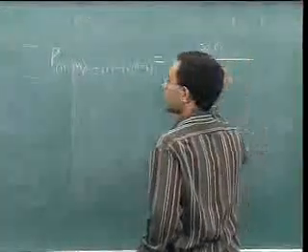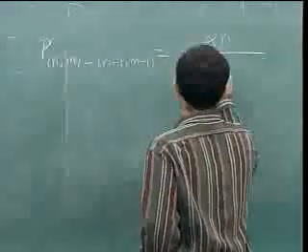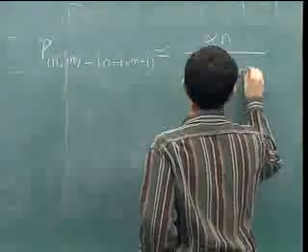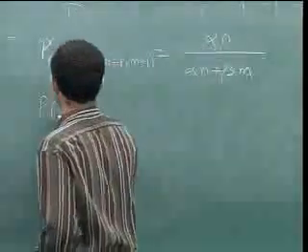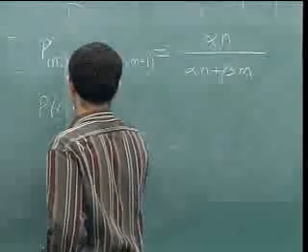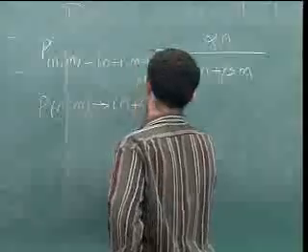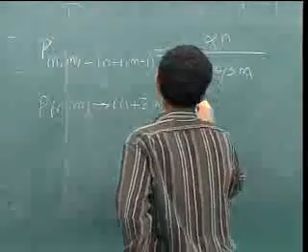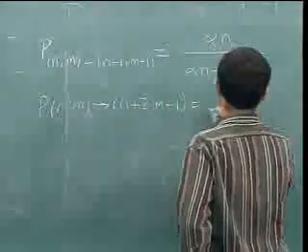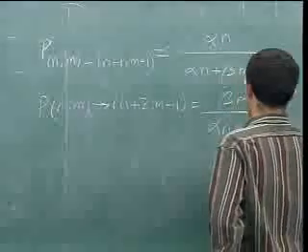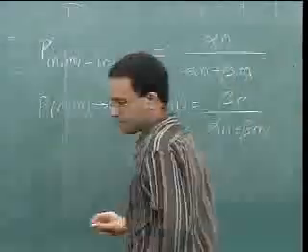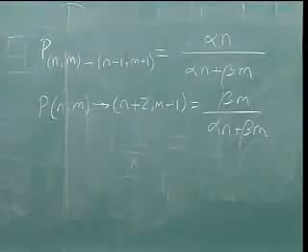So it would be alpha n divided by alpha n plus beta m. And the probability that we go from state n, m to n plus 2, m minus 1 would be beta m divided by alpha n plus beta m. So basically, this is how you characterize the continuous time Markov chain that we have here.